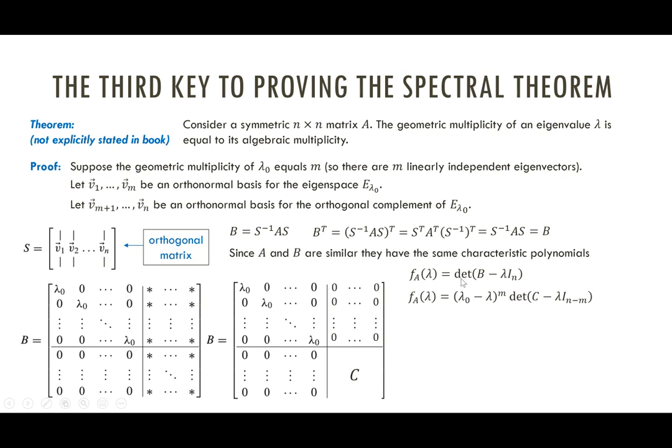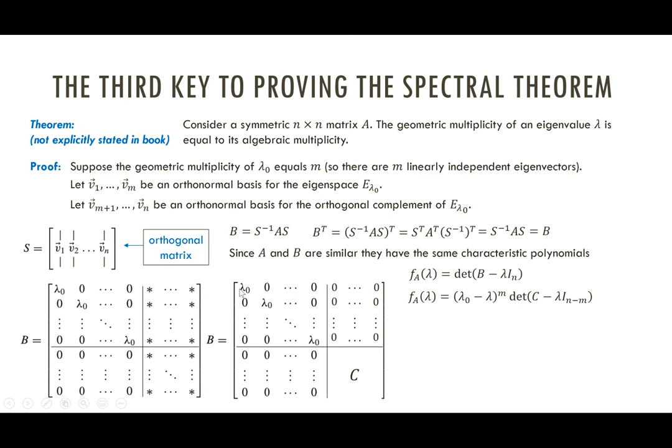So all right, let's calculate the determinant of B minus lambda I_n. That means we've got lambda_0 minus lambda, all these minus lambdas down, and then minus lambdas down the diagonal of matrix C. And if you're going to calculate the determinant of this matrix, well, if you do Laplace expansion, you'll have to do lambda_0 minus lambda times this determinant, and then plus 0 times all these other minors, I think is what they're called.